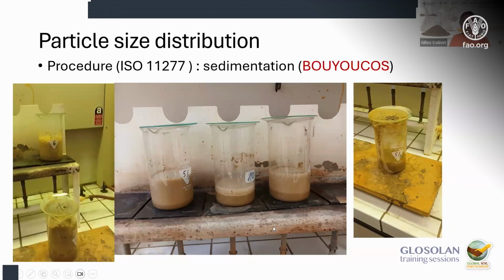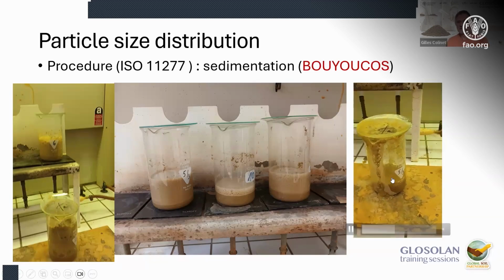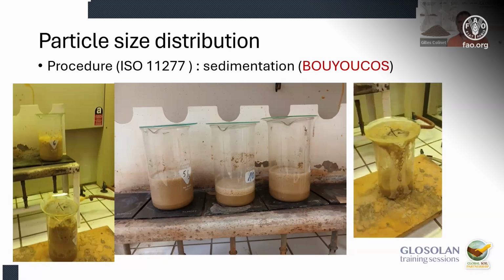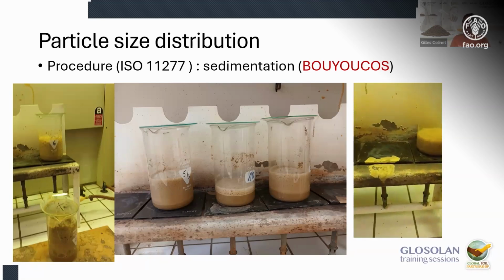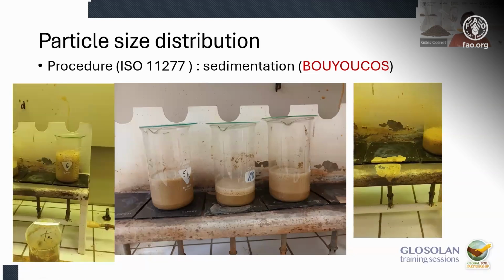And with this old system, you really don't have any control of the temperature. And often we had this kind of result. You see that with this one, you can wash it and do it again. I should not show you that, but that's real life.